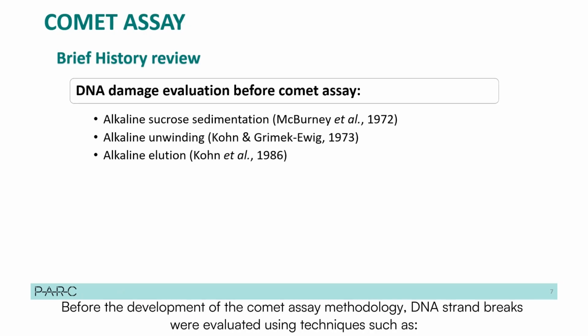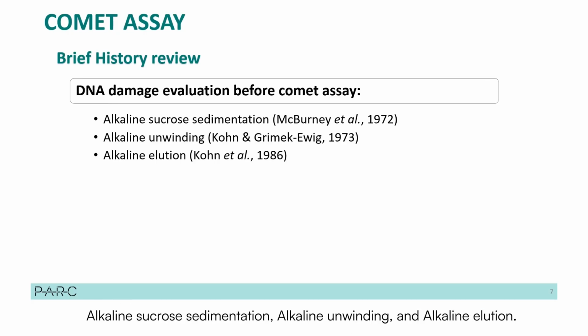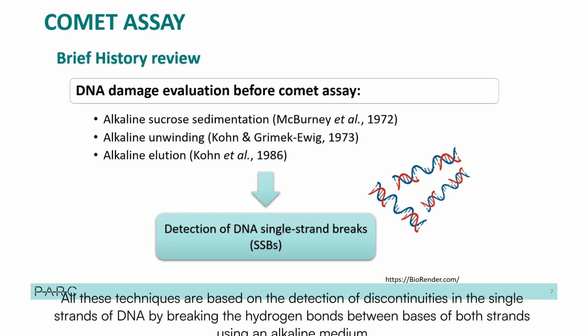Before the development of the COMET assay methodology, DNA strand breaks were evaluated using techniques such as alkaline sucrose sedimentation, alkaline unwinding, and alkaline elution. All these techniques are based on the detection of discontinuities in the single strands of DNA by breaking the hydrogen bonds between bases of both strands using an alkaline medium.